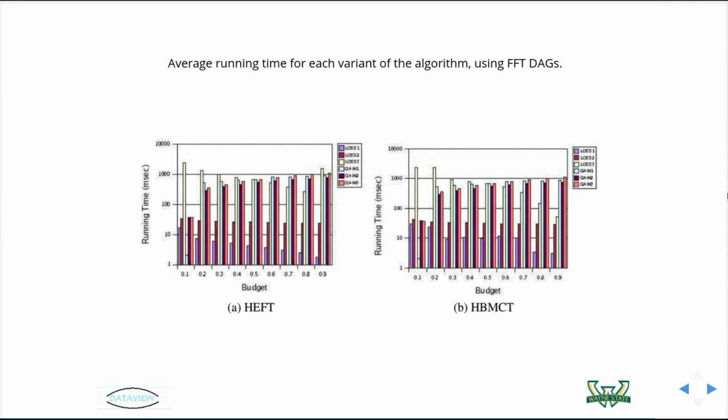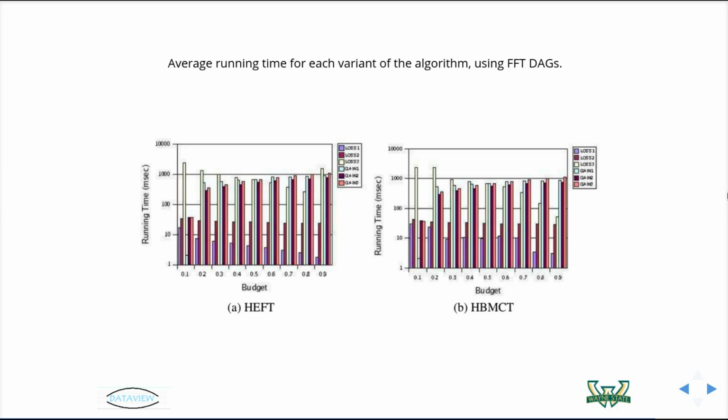And here the running time for the algorithm is provided to evaluate the performance of each version of the algorithm using both loss and gain approaches. They extracted it from the experiment, and they just provided the result for the FFT graph as illustrated here, and they used HEFT and HBMCT algorithms for the initial assignment.